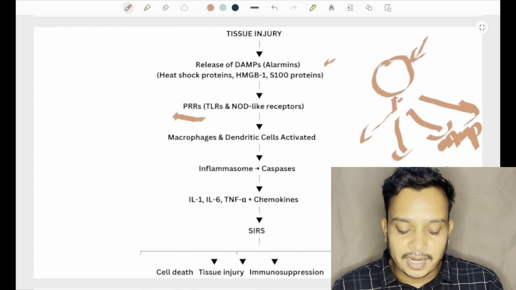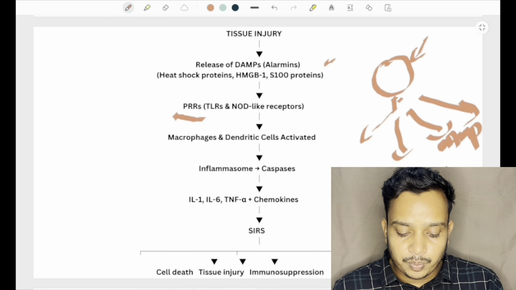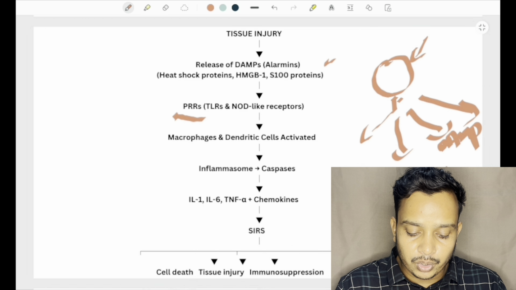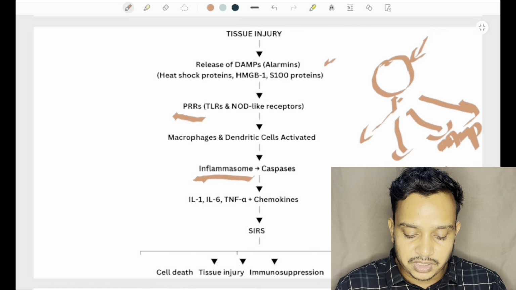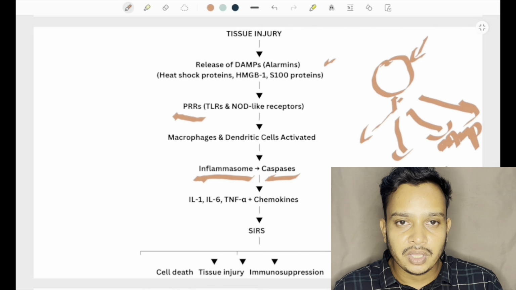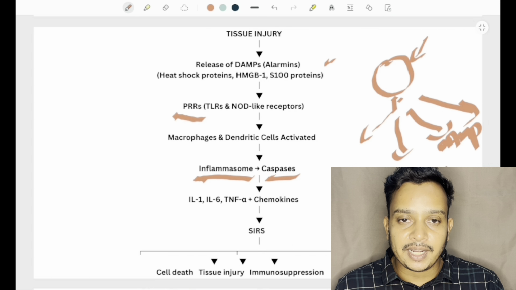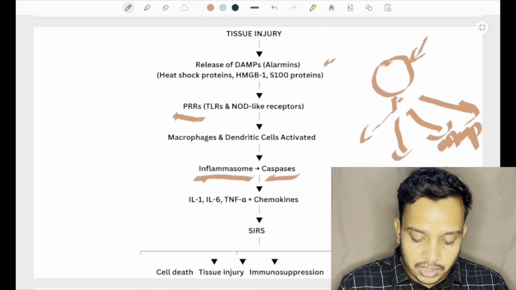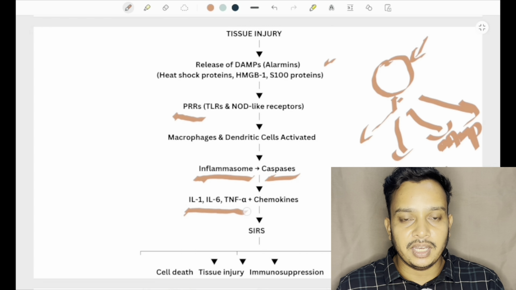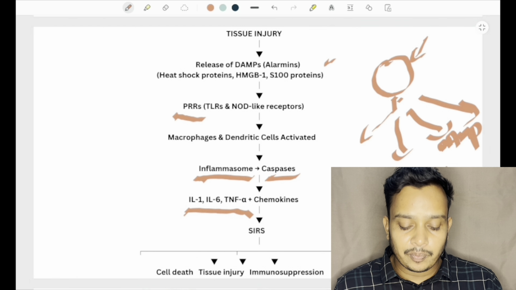This gets activated and forms a complex with the damage associated molecular proteins, leading to the formation of inflammasomes. These inflammasomes activate caspases. Caspases are enzymes which activate multiple interleukins and cytokines. The predominant ones are interleukin 1, interleukin 6 and TNF alpha, which are chemokines.